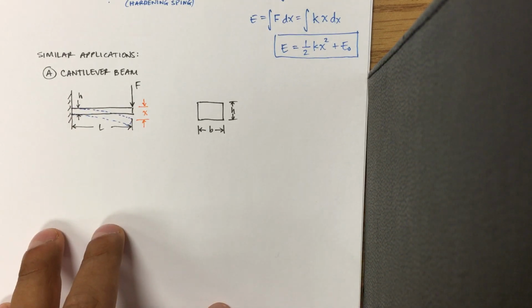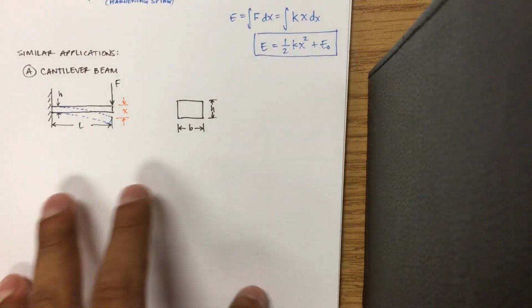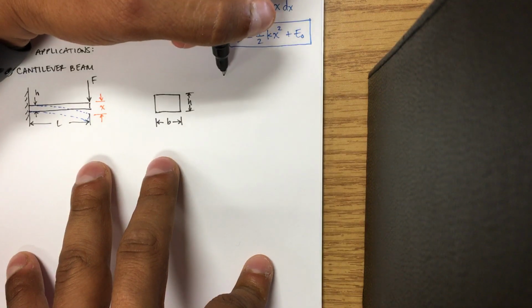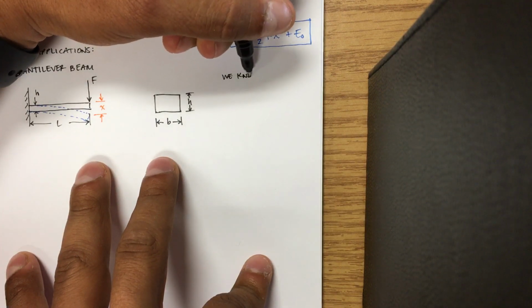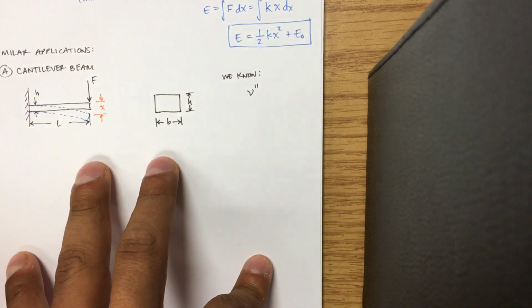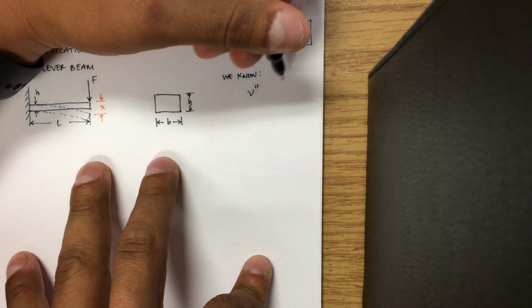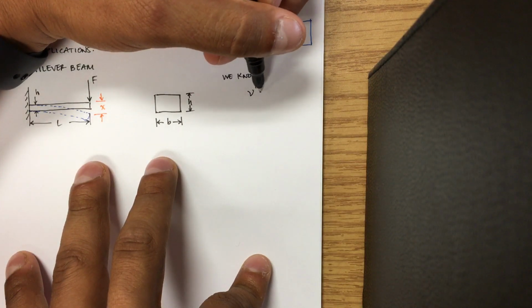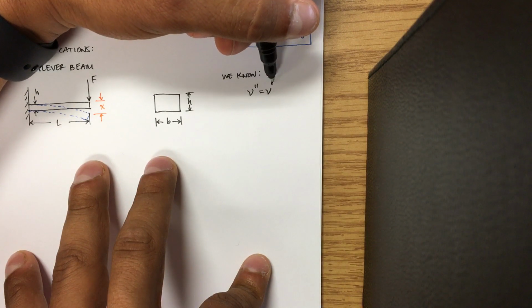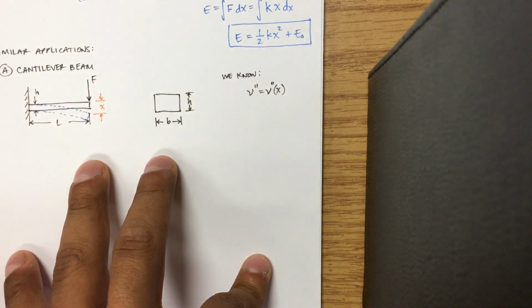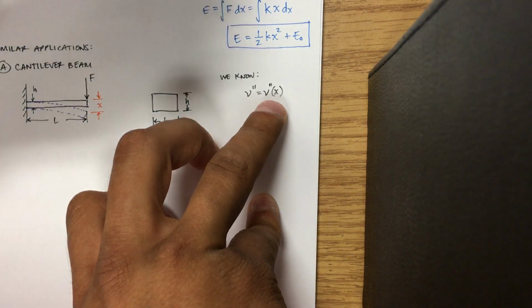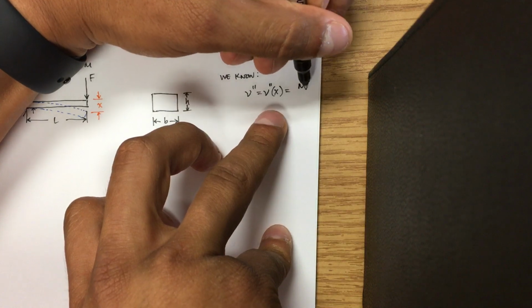So we know that the second derivative of the deflection, which is a function of x, is related to the bending moment by M over EI.